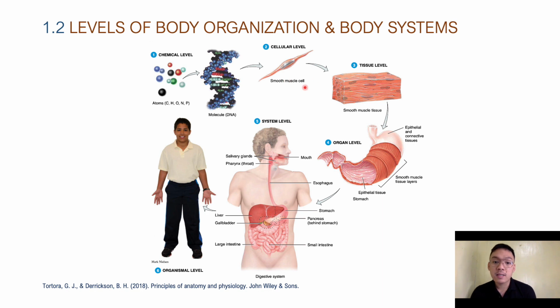Then your smooth muscle cell comprises the smooth muscle tissue, which is involuntary and flattened. It is also found in the smooth muscle tissue layers in the organ, your stomach. Then it is found within your digestive system, together with all of the digestive organs, and that comprises your organism.